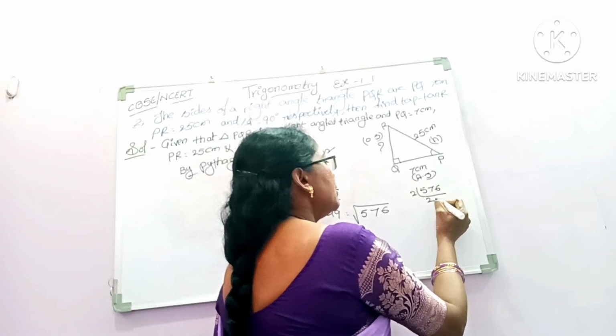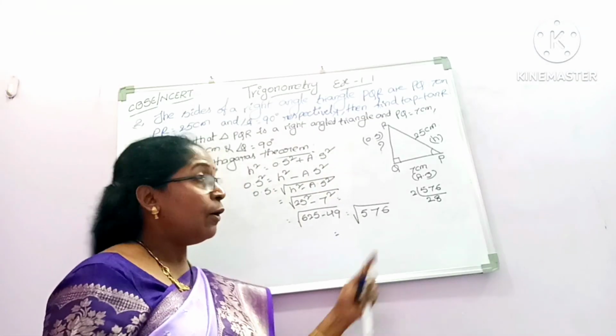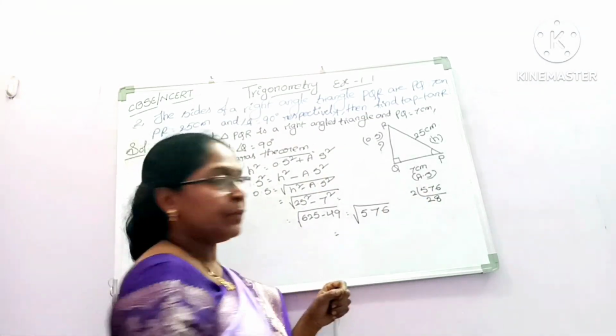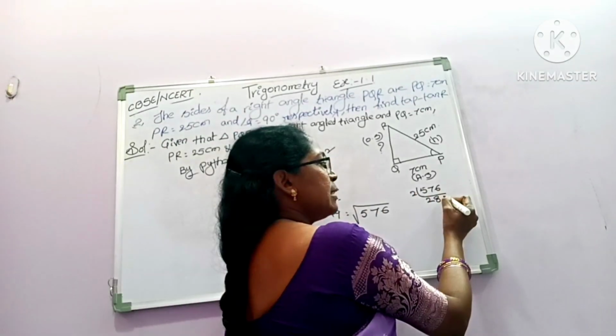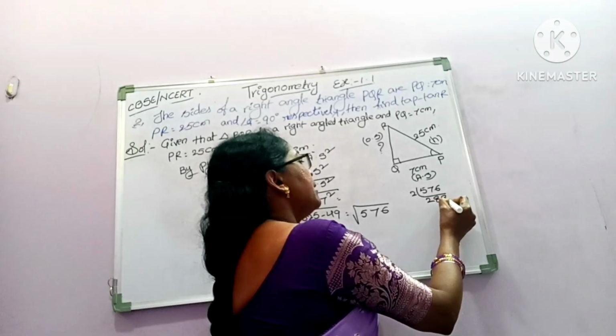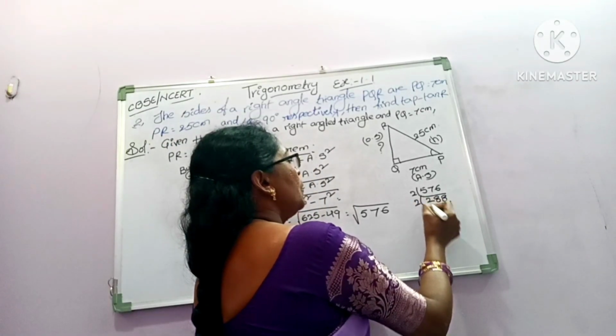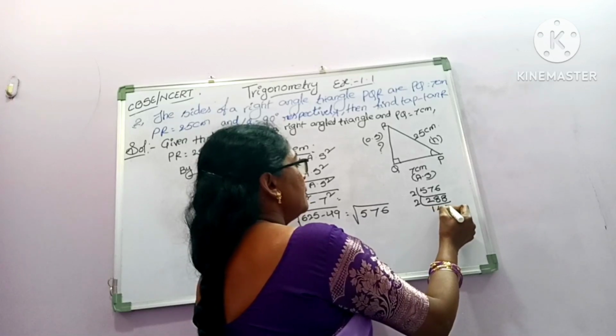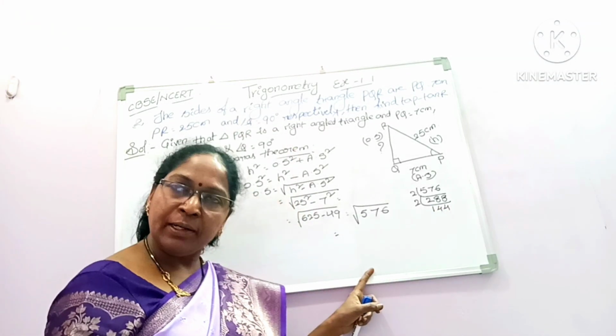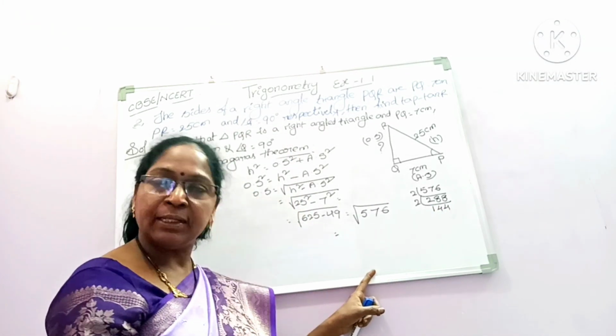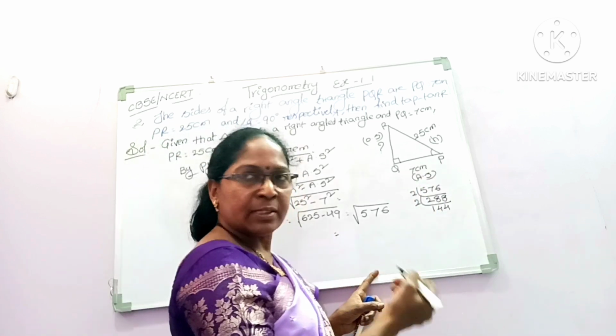In 17, 2 is divisible 8 times. 2 8s are 16. Again 1 is the balance. 1 6, 16. Again 2 8s are 16. Again this is an even number. Already you have learnt this in the 6th or 5th class. So directly I am explaining this.